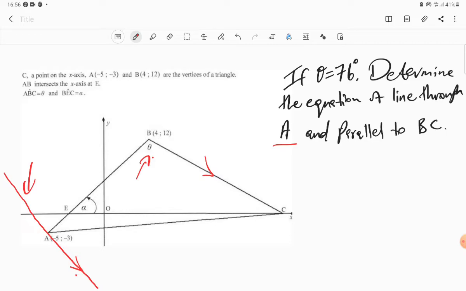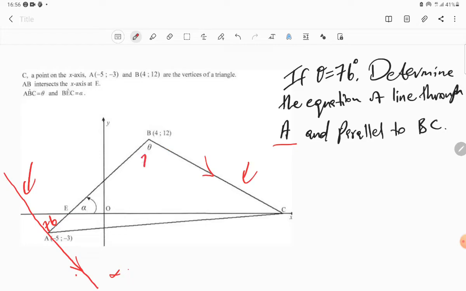The idea is to know that if this line is parallel to this line, then this is equal to that because they are alternate angles. So we have this being equal to 76 as well.